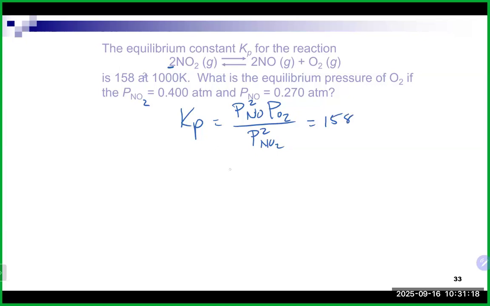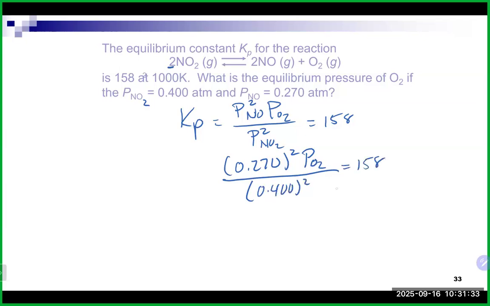We have NO, which is 0.27, and we need to square it, times the partial pressure of O2, divided by our NO2, which was 0.4, that needs to be squared, equals 158. We're going to multiply that to the other side, and then come back and divide that over to the other side. So we'll take 158 times 0.4 squared.